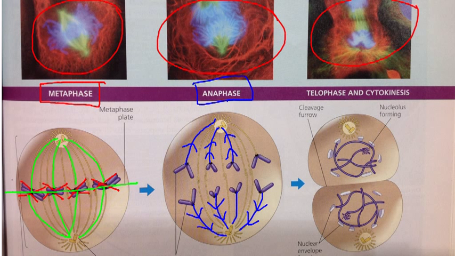Each of these chromatids, this one is genetically identical to this one, and so on. So they're being pulled away from each other so that they can start actually dividing the cell.